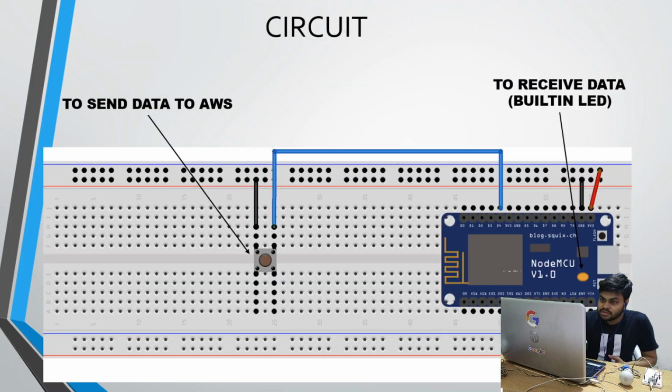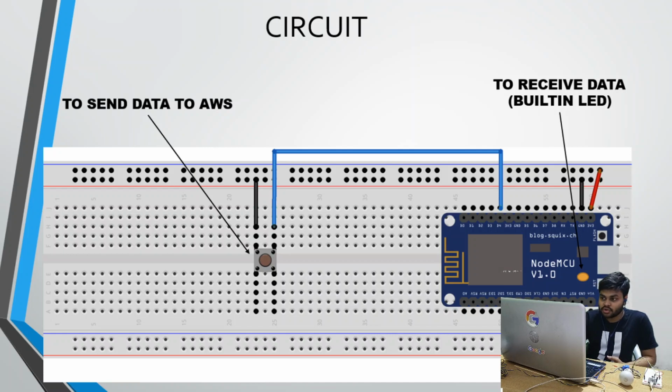Fine. So the circuit diagram is quite simple. You can see here that to send data to AWS we are using this push button, and to receive data we are using this built-in LED. This yellow built-in LED is the LED which is connected to pin D0. We have also connected the relay module to pin 0.